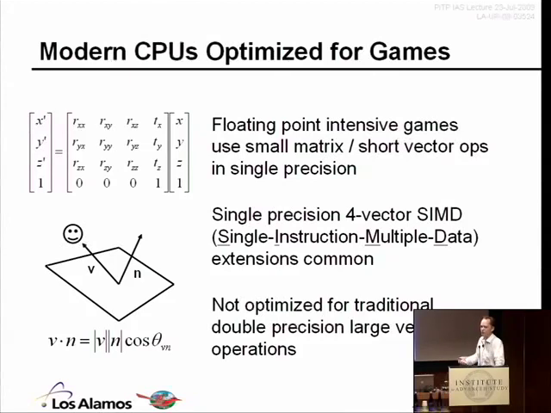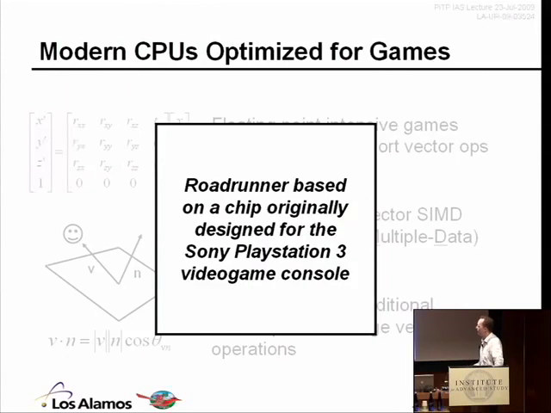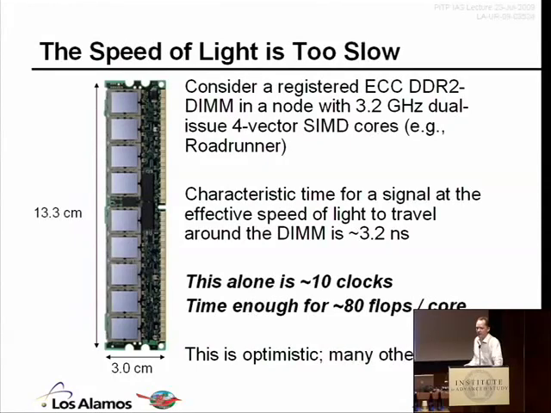So if you're running a traditional legacy-style code, for example, maybe written in Fortran, maybe based around large vector-type operations, it won't be very efficient on a modern computer. In fact, Roadrunner is based around a chip originally designed for the Sony PlayStation 3 video game console. The next thing we need to recognize is that the speed of light is way too slow.